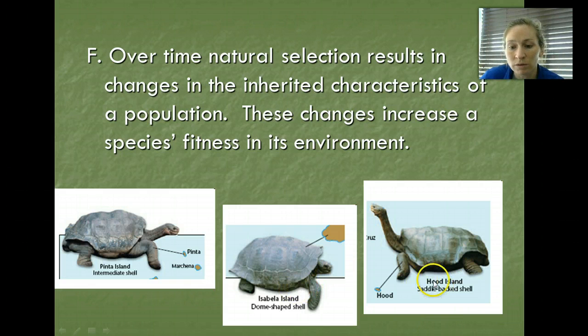And then, of course, you got the Hood Island. They have a saddle-backed shell, and the neck is very long and allowed to reach up very high for vegetation and food that they're looking for. So in each of these cases, this species' fitness is increased because of inherited characteristics passed on according to the environment that they're in.